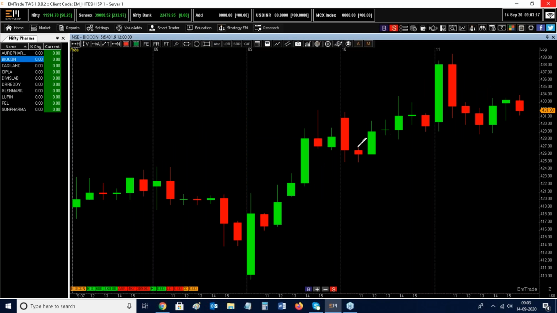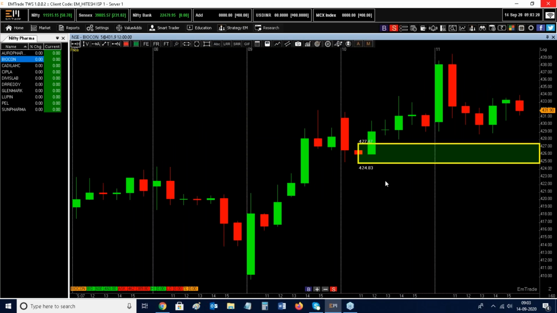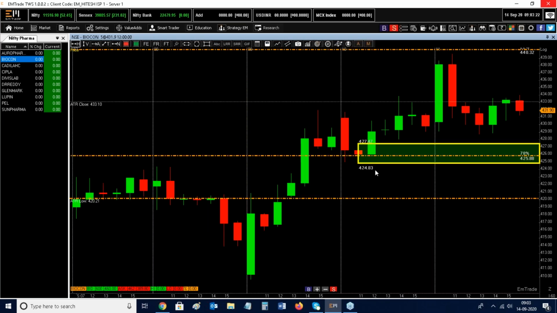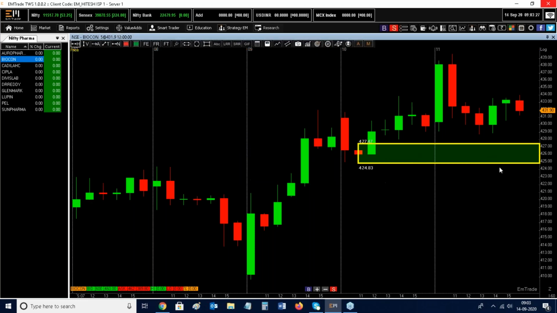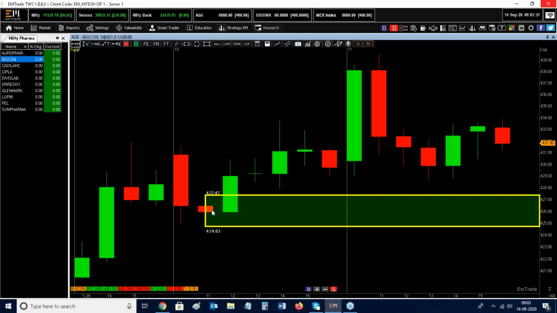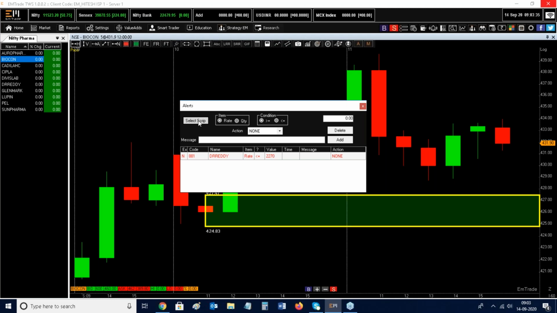So on a 60 minutes, I would take this as a support and just let me check whether, yeah, it's coming around 78 ATR. So no harm in it, right? So this is Biocon. And once you identify this, just go to alerts, select the script. See, this level may come today, may not come today, it may come after 2 days, it doesn't matter. But once you have done it, push an alert.